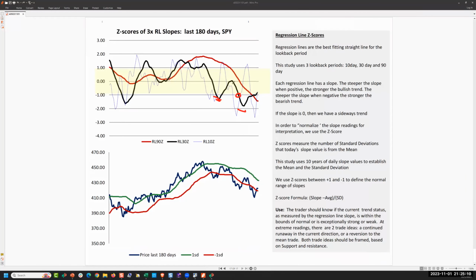when the RL30 rolls over at the Bollinger Band mean at 0 sigma, and that's the sign. It came down to -2 sigma, and all it's done is come back to -1 on that strength in the 10, but that can still keep going down. So the legs down are bigger than the legs up.